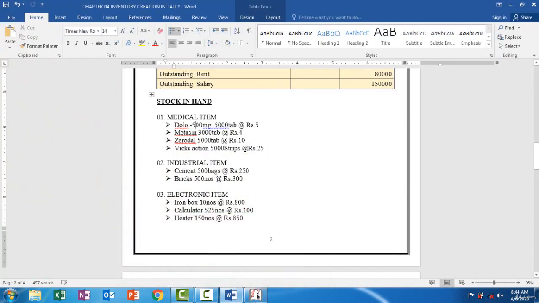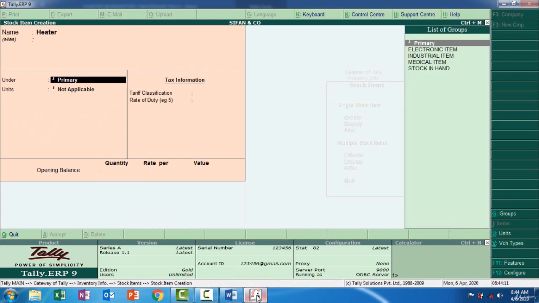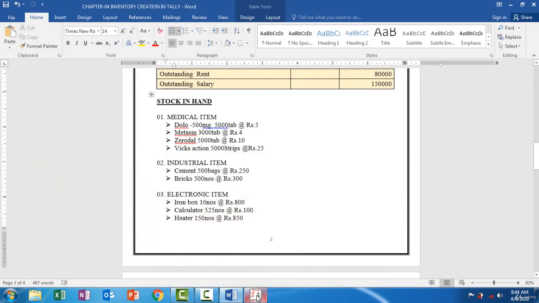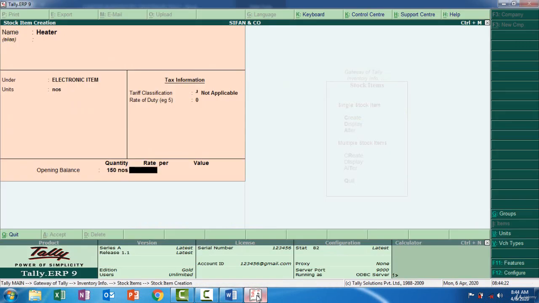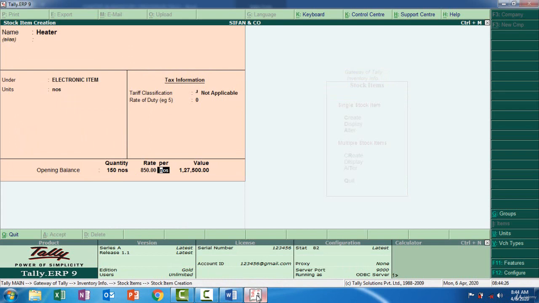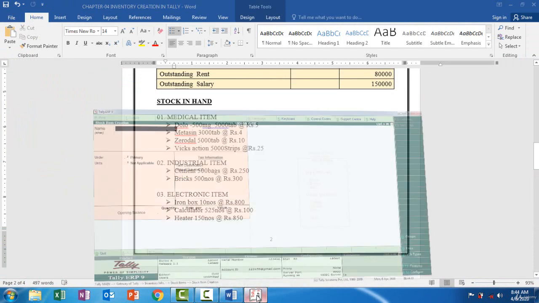The next one is heater. It's coming under the electronic item, and it is also measured by numbers, and then quantity is 150, the rate is 850, the total 127,500. Then accept yes. So now we have entered all the stock items into Tally.